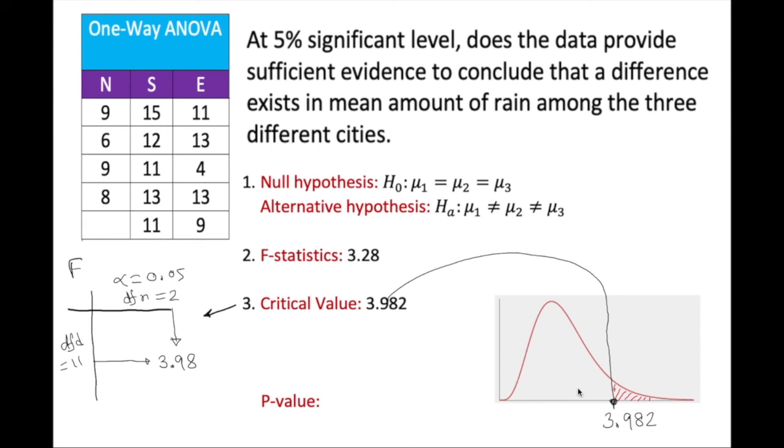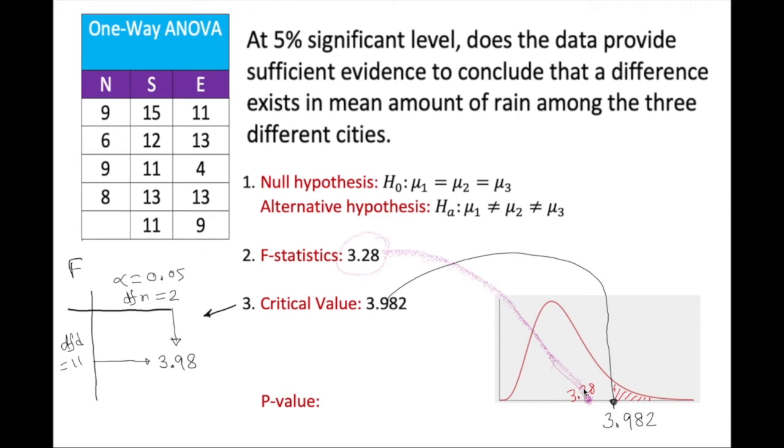And what is anything? Anything means the test statistic. You did investigate, you did all the calculation. The test statistic came out to be 3.28. So 3.28 is going to be somewhere here on the left. So guess what?